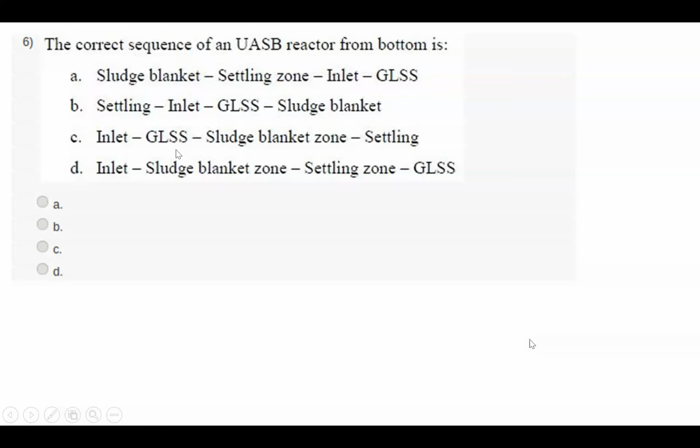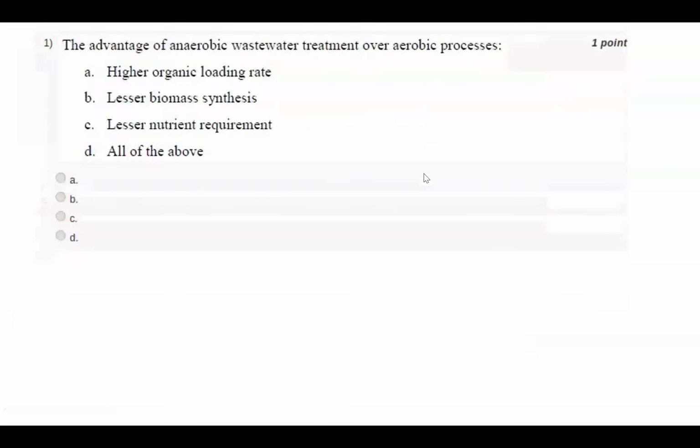Upflow means it is coming from the bottom, then releasing upward. So it is inlet, then sludge blanket zone, then settling zone, then GLSS, which is gas, liquid, then solid, right? S stands for separator.